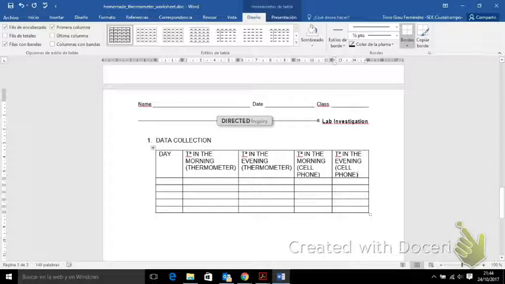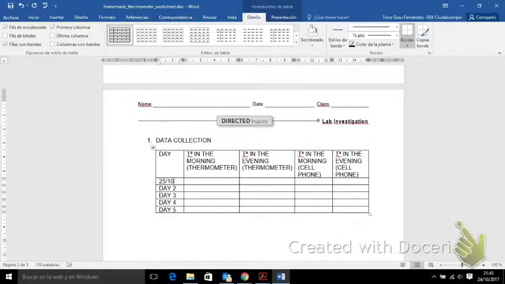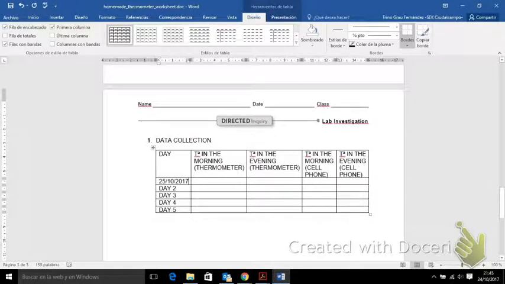And here you put the 5 consecutive days, day 1, day 2, day 3, day 4, and day 5. Also, instead of putting day 1, you can put the date, I mean the actual date. For example, today is 25 October 2017, and then you can put the 5 consecutive days. Okay.